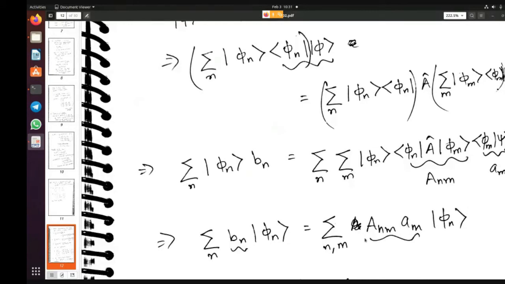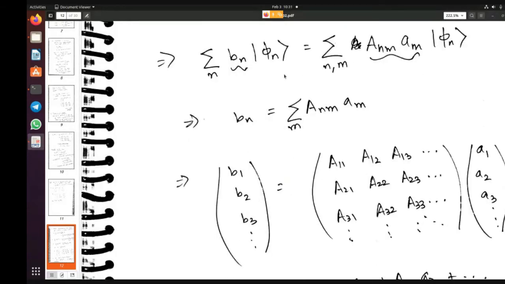So ultimately you're going to get A nm, small a m into phi n. Okay, so this is how you can simplify things. So this is how, given a wave vector and given some other basis set, you can always write any vector in terms of the other basis set. Okay, so this is what you are going to get.